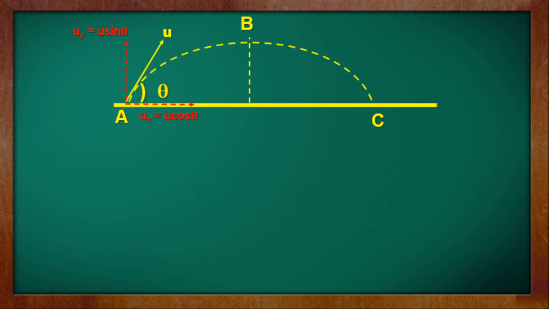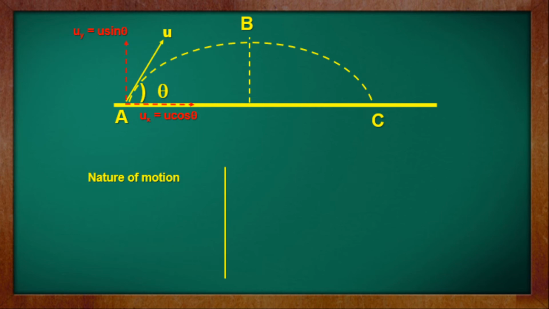So the force acts only along the vertical, not along the horizontal. There is no force acting on the projectile along the horizontal. And so, since no force acts along the horizontal, the nature of motion of the projectile is uniform velocity. That is the first point which we are going to analyze.